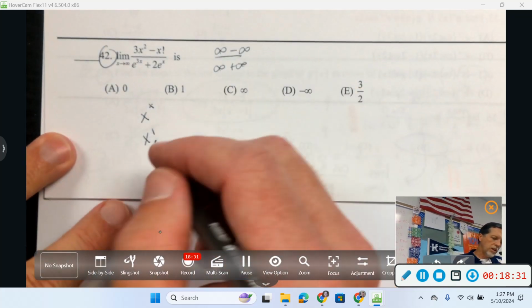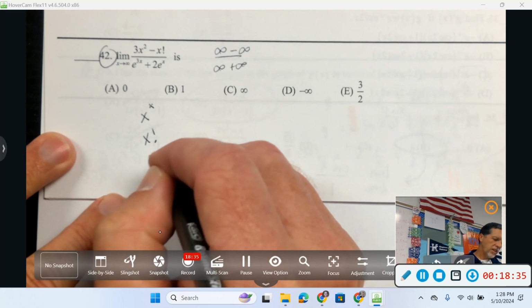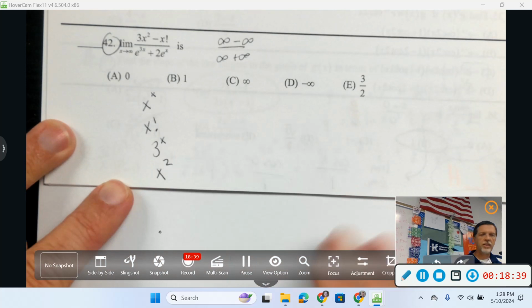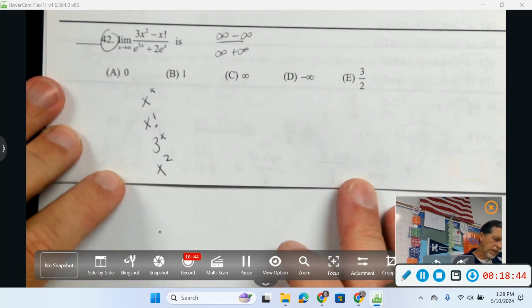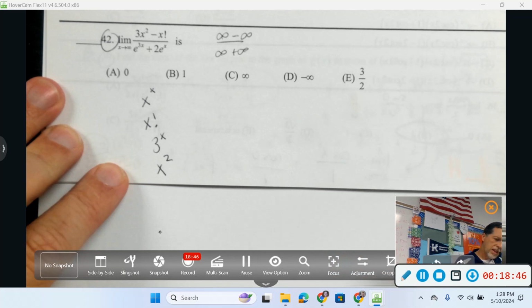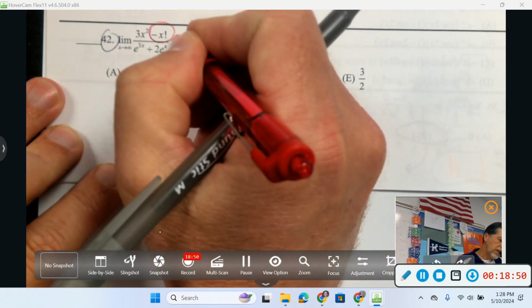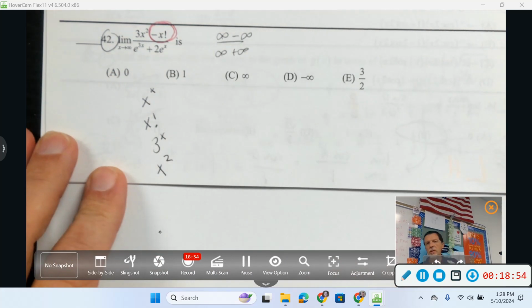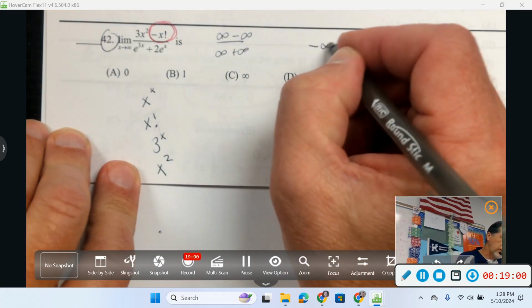And then it was exponential stuff, like 3 to the x, and then it was x squared, and then you don't have to do anything after that. So the biggest one here is that negative x factorial right there. Everything else is eventually going to pale in comparison to that one. Everything else is smaller than that. So we're headed toward negative infinity.